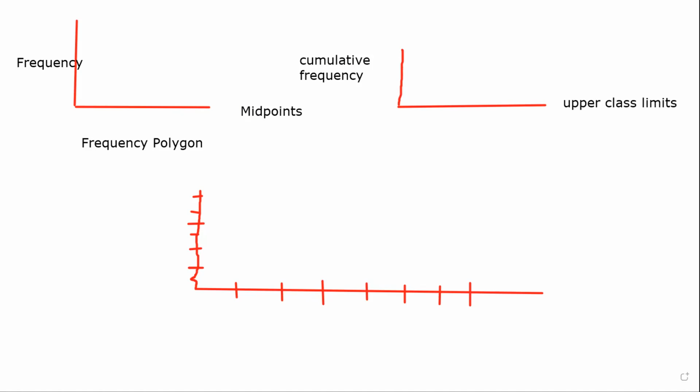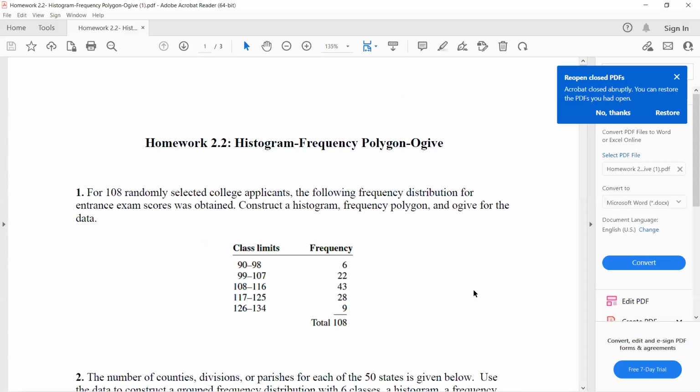It's 6, 22, 43, 28, and 9. But I want the homework. Okay, so what I'm doing here is, oops, my apologies. So my frequencies are 6, 22, 43, 28, and 9.